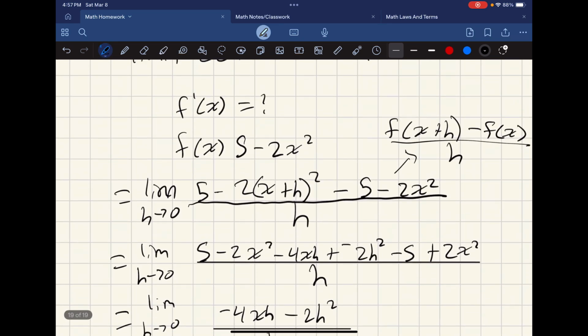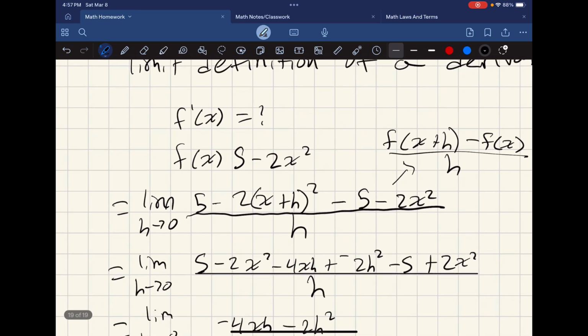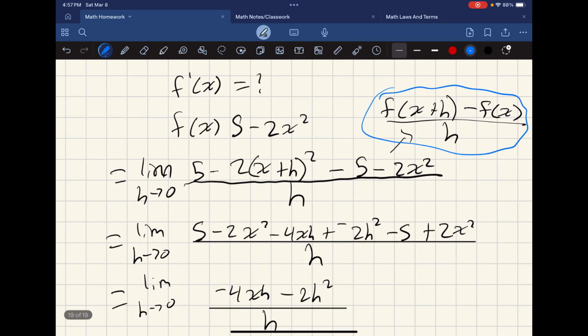So just to run back through, we have our f of x. We need to find f prime of x. We're going to use our limit law right here. All we got to do is plug in the values as needed. So plug in f of x plus h into where it needs to go.